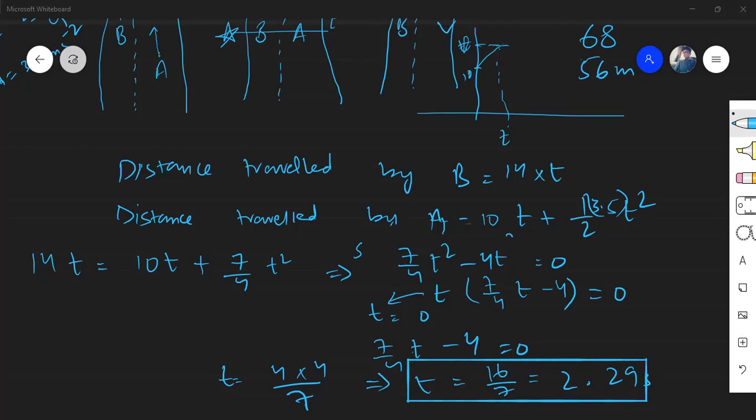The next question that you sent me was from the, why am I forgetting this? It's a projectile motion question.